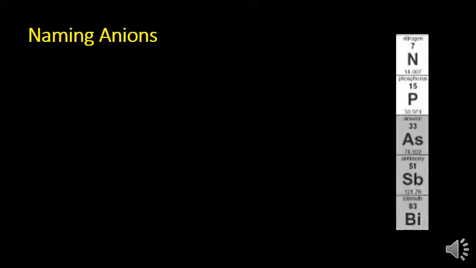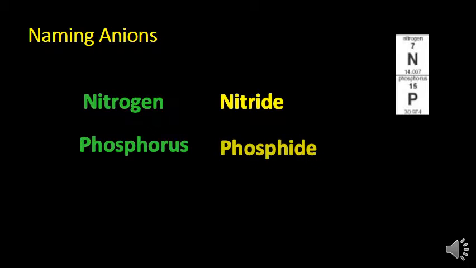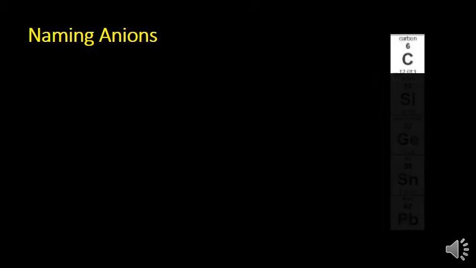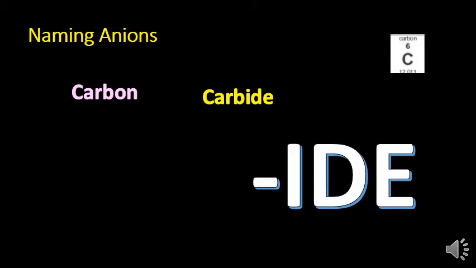Then nitrogen becomes nitride, and phosphorus, phosphide. And last but not least, carbon becomes carbide. If you notice, they all now end in "ide" when they are an anion. And they'll never be a cation, by the way. These guys are always negative, always.